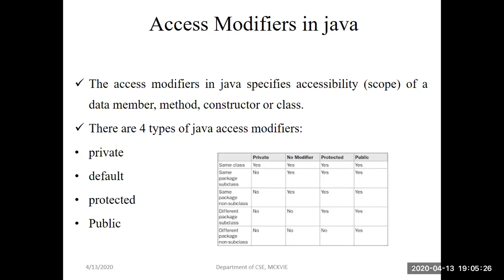When I'm talking about default, it is accessible only in my own package, where it is defined. Own package subclass, own package non-subclass, yes, it's true. But other package subclass, other package non-subclass, it is no, it is false. That means we can't access that particular data member or class or method that I set as default. So this is the difference between public and default access specifiers.